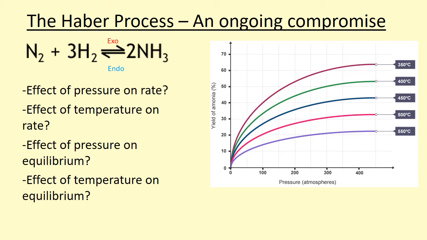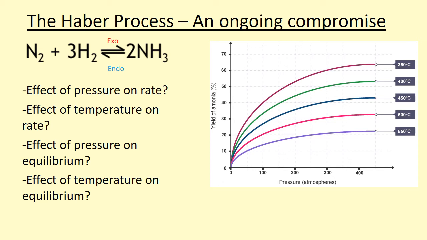Looking at pressure, an increase in pressure increases the rate of reaction, because when we increase the pressure, we have more reactants in a given volume, and so the likelihood of them coming into contact with each other and colliding is increased. So the likelihood of collisions increases with increased pressure, so the rate of reaction is faster.